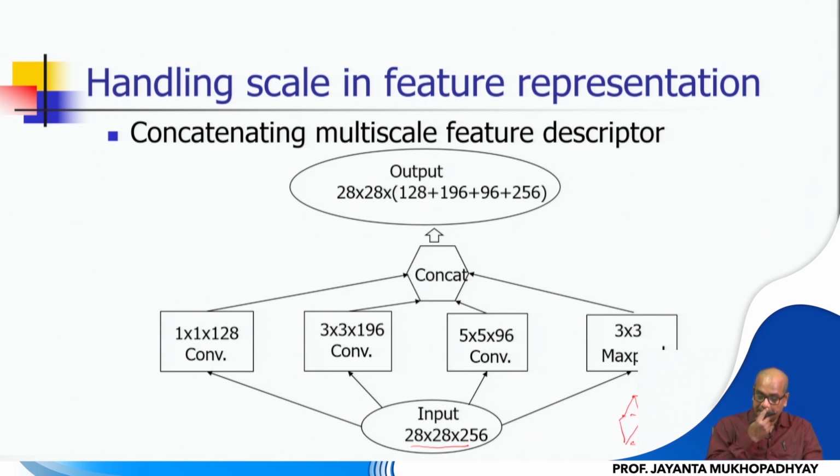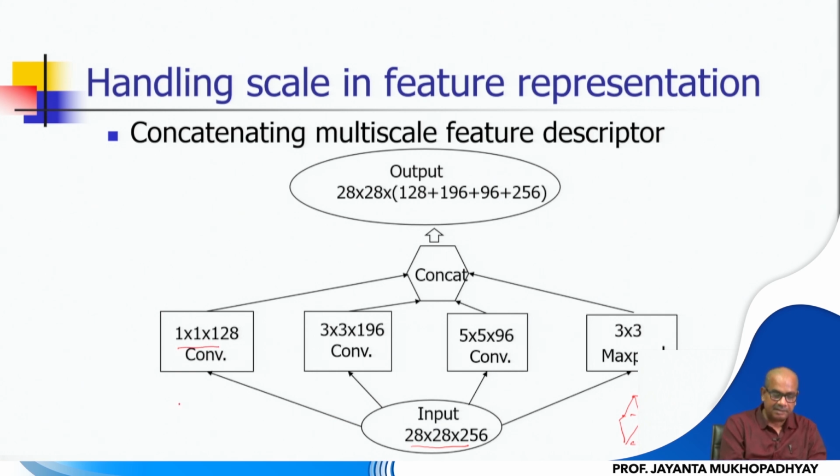That could be a result from intermediate processing in the feature space, and then it is fed to different convolutional layers, all working in tandem, all working simultaneously at the same level. Say one is 1 cross 1, 128.